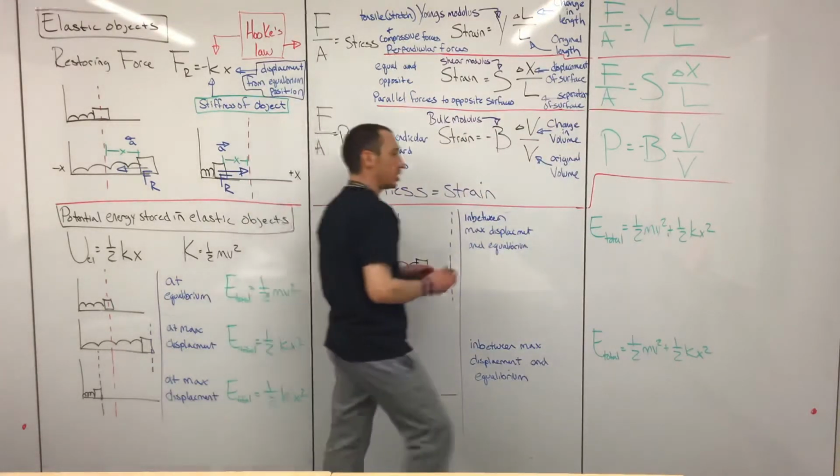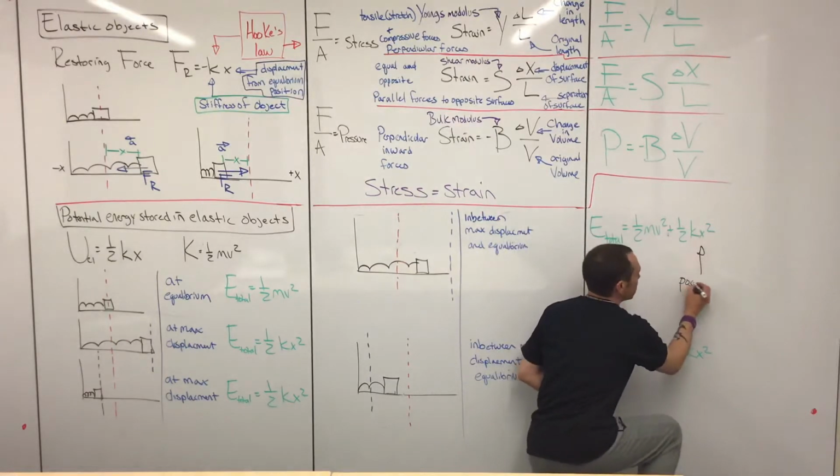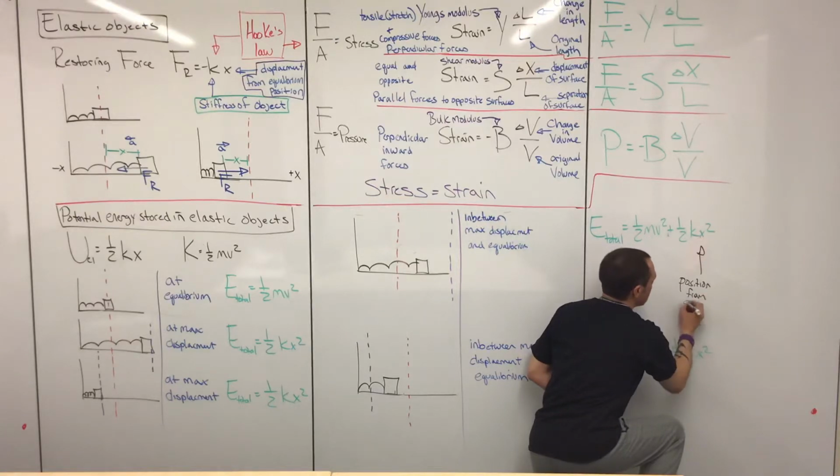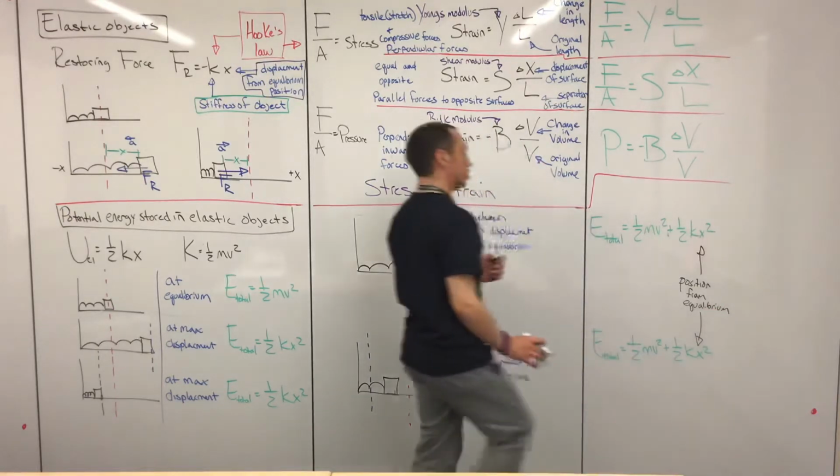A little bit of both energies, where this X here is going to be your position from equilibrium. Just don't forget that. That's what that X is that you're looking for.